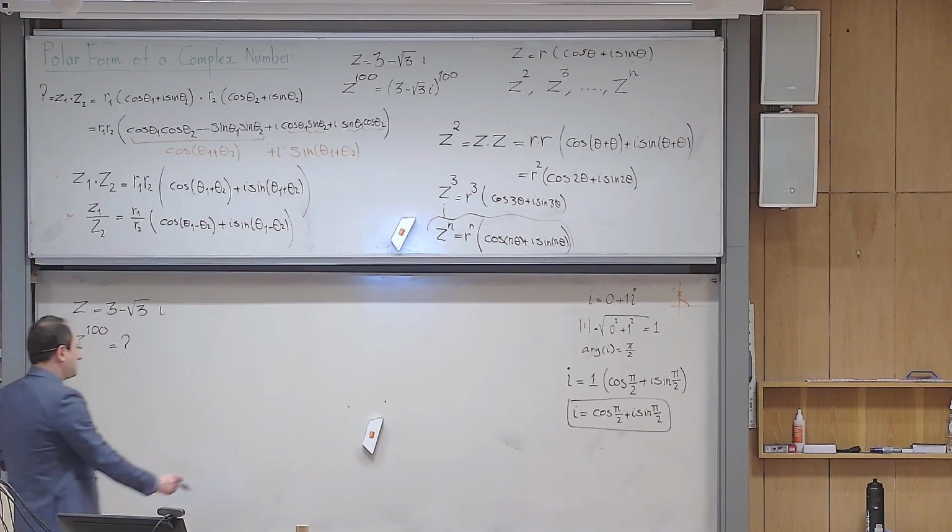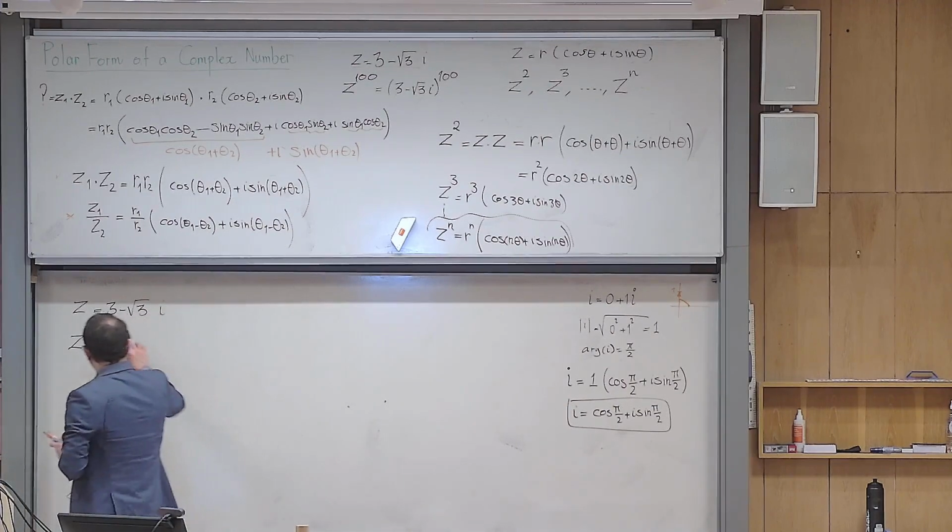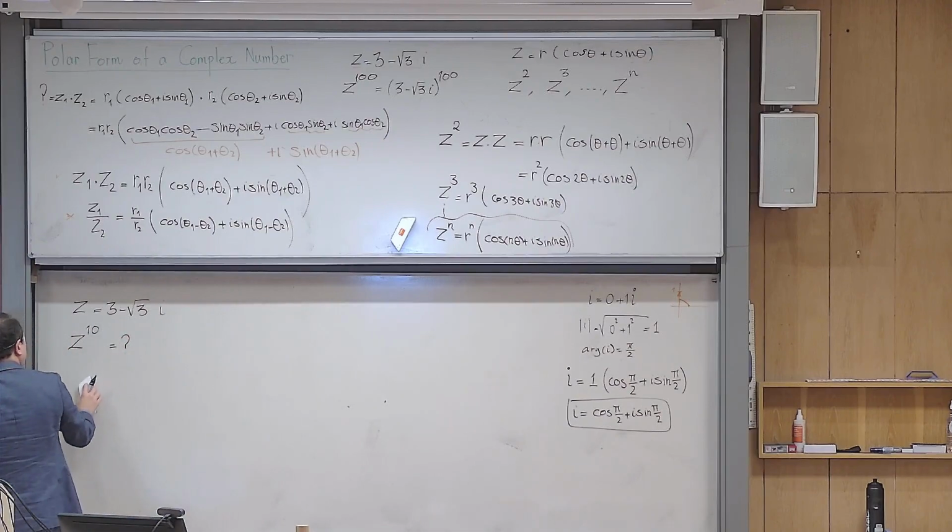First, instead of 100, let me make it a little bit simpler. Let me increase the power so that the calculations become easier. So let me make it 600. And 600 in this case is simpler than 100. You will see why, and then I will come back to see if we can solve 100.